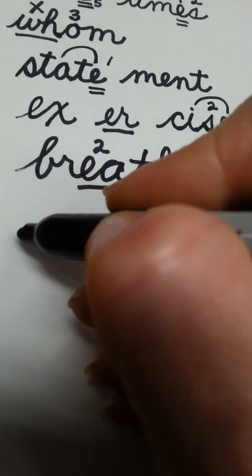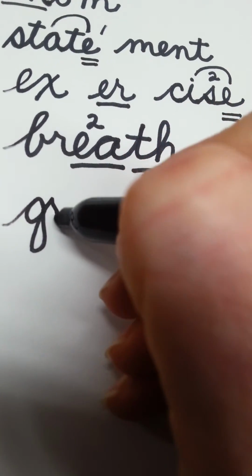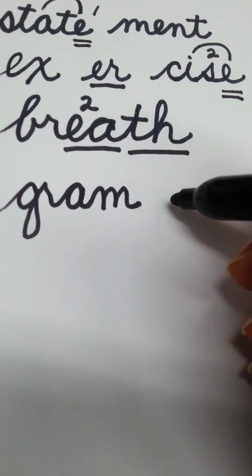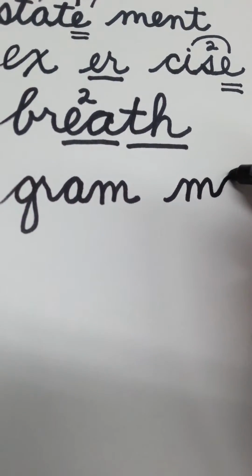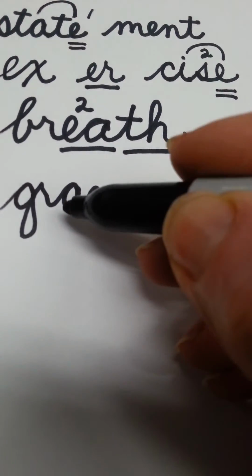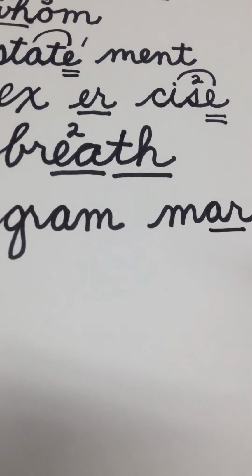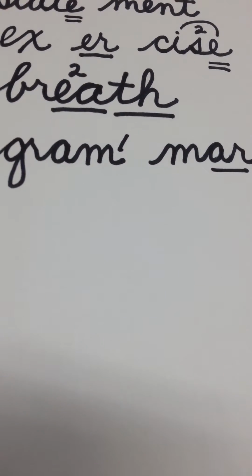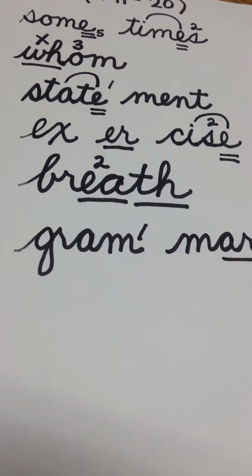Good. Gram. G, use a, gram, mar, r. No markings here. We'll underline the R. Grammar.